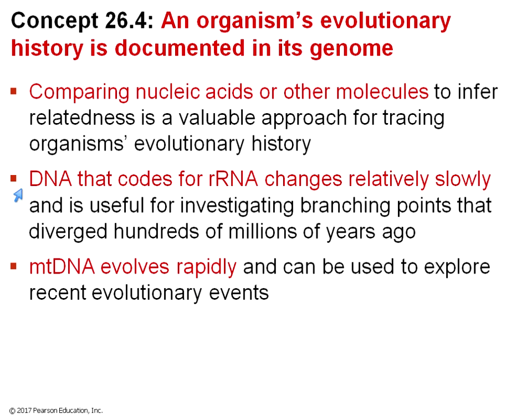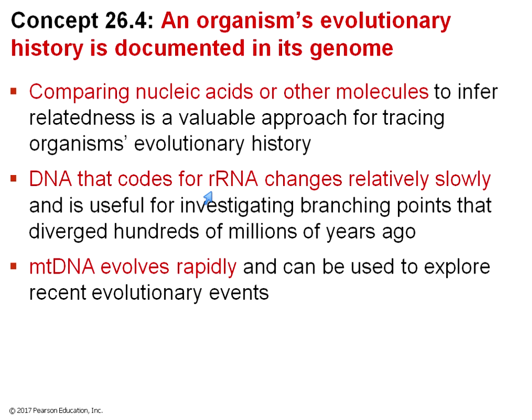DNA that codes for ribosomal RNA actually changes relatively slowly. The rRNA that you see there stands for ribosomal RNA. So this is the RNA that makes ribosomes. The DNA that codes to make those ribosomes actually changes very, very little.